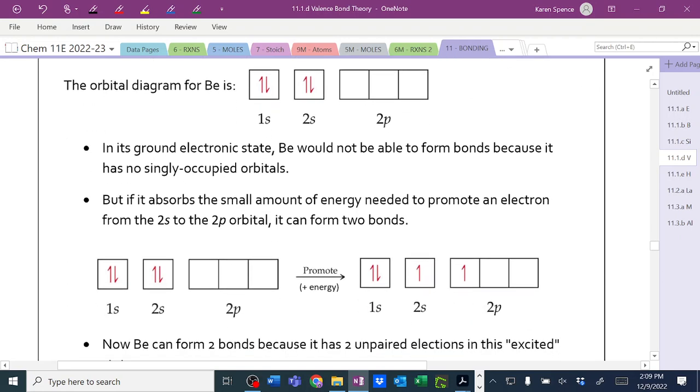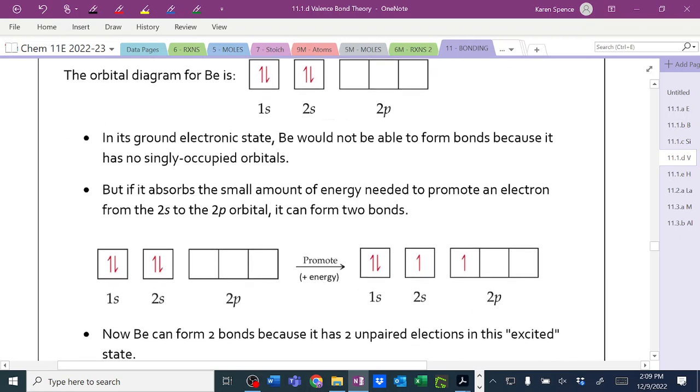No. But what we can do is we can take the 1s, it's a core, so leave the core alone. It's just the valence electrons that do this.